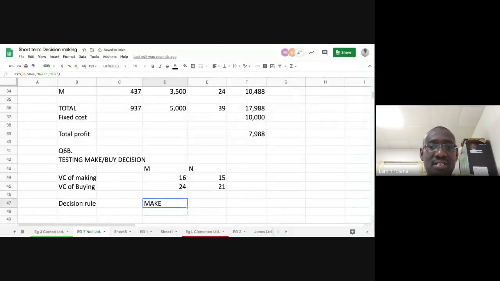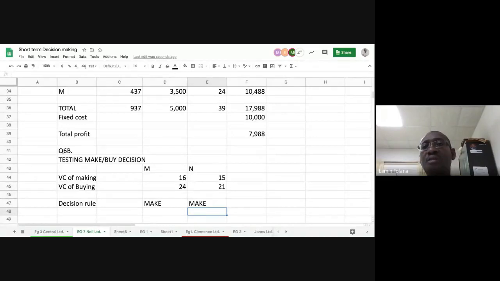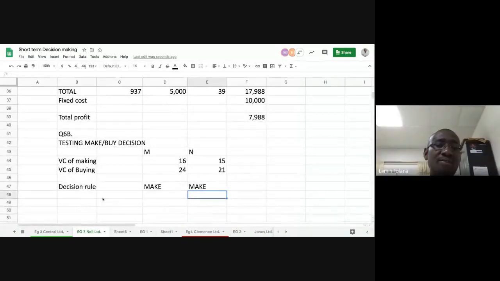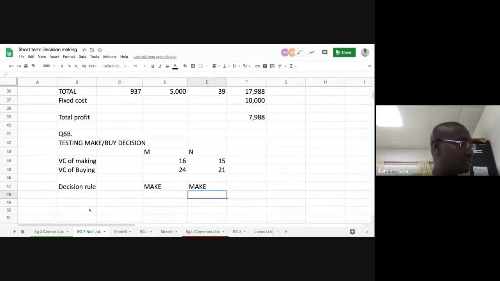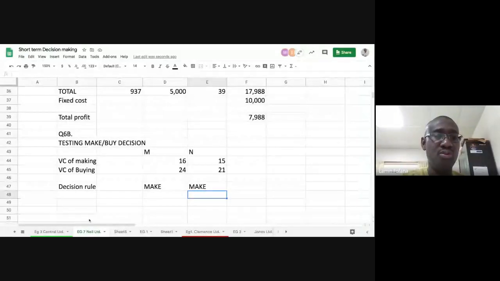When you look at each of the scenarios, we're supposed to make because it is cheaper to make in both situations. But can we make all of them? No, we can't. Based on the facts, we cannot make all of them because we have a scarce resource: scarce machine hours. So since we cannot make all, we just have to buy.